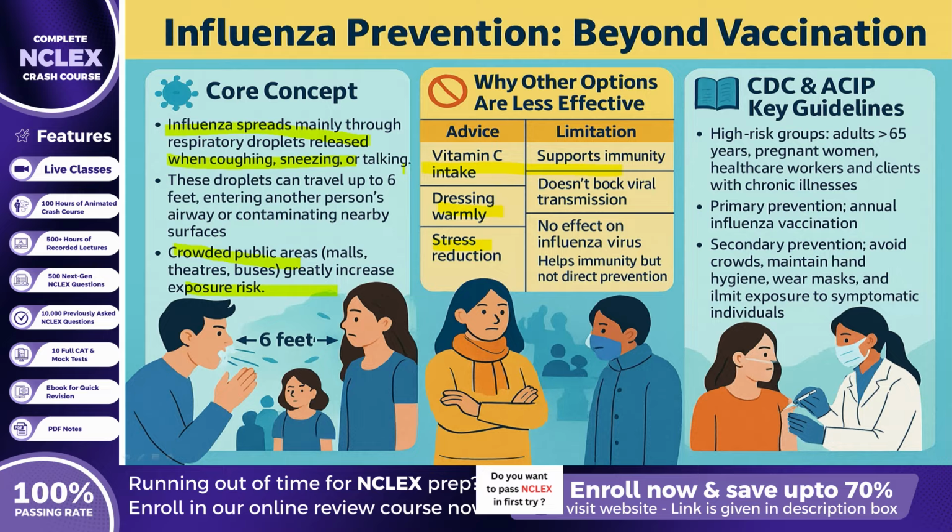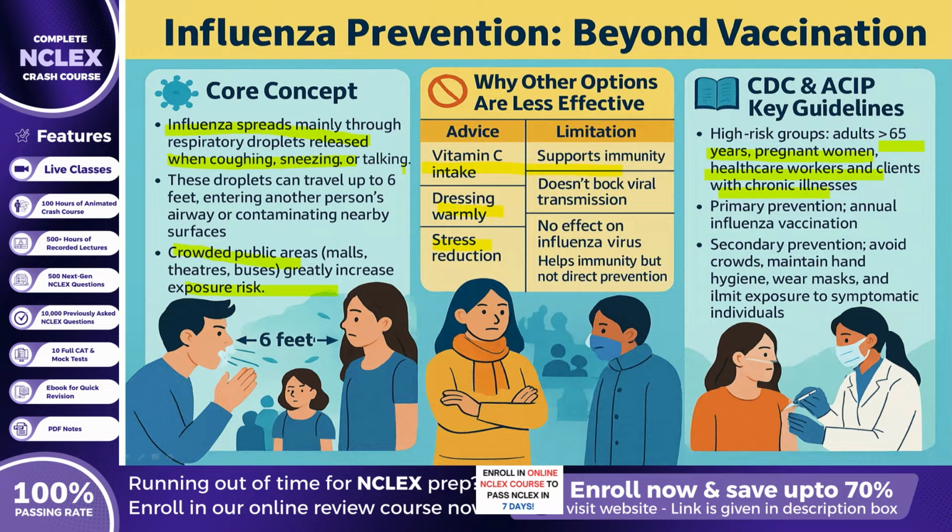According to the Centers for Disease Control and Prevention, CDC, and the Advisory Committee on Immunization Practices, ACIP, high-risk populations, such as adults over 65 years, pregnant women, healthcare workers, and clients with chronic illnesses like asthma, diabetes, or cardiovascular disease, should receive annual vaccination and follow additional precautions.